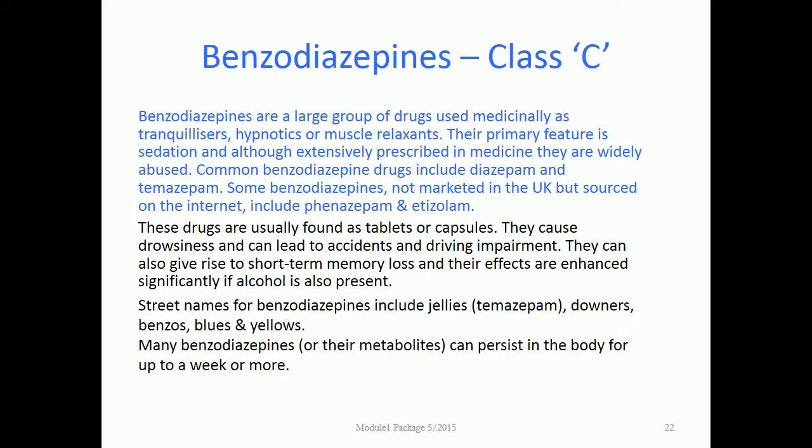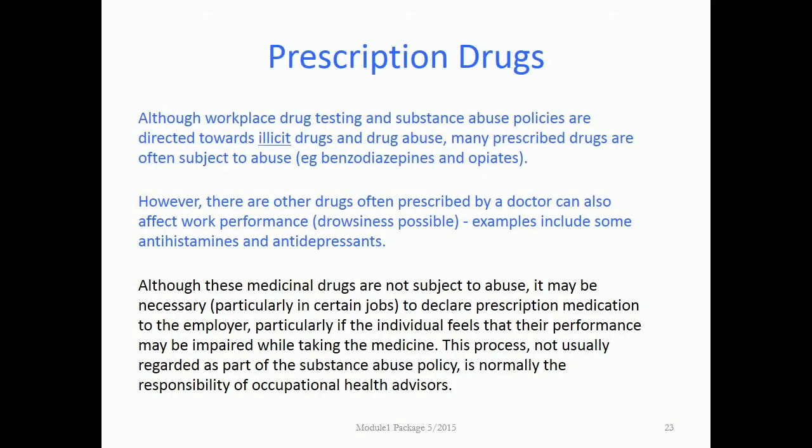Some benzodiazepines, not marketed in the UK but sourced on the internet, include phenazepam and etizolam. Prescription drugs: although workplace drug testing and substance abuse policies are directed towards illicit drugs and drug abuse, many prescribed drugs are often subject to abuse, for example benzodiazepines and opiates.